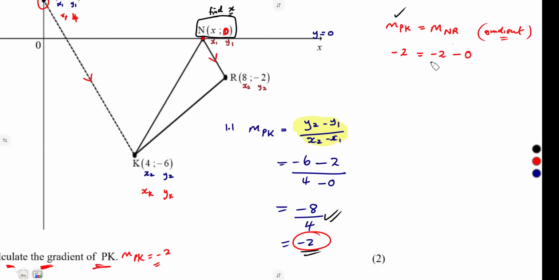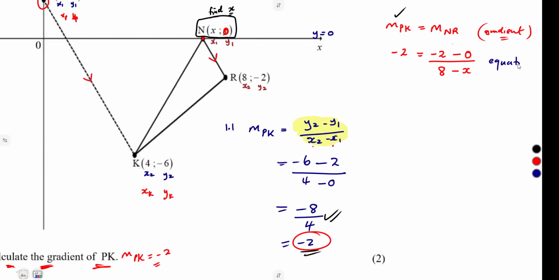So that's -2 minus 0 over x2, which is 8, so that's 8 minus x1. Our x1 is the unknown value now, which is the x that we must calculate, so you just write it as x. So you have formed an equation where you are supposed to solve for the value of x. You have formed an equation from this statement.